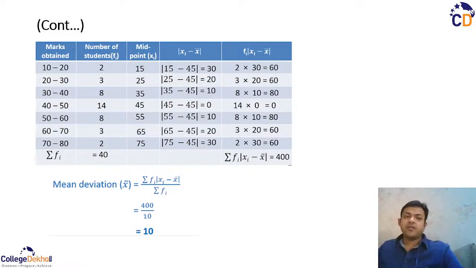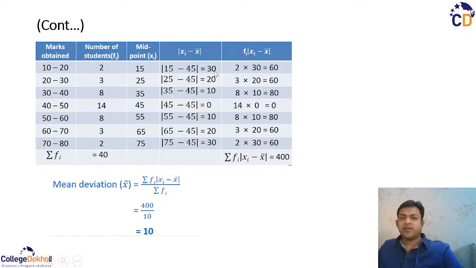Now, once we have calculated the mean, we need to calculate the mean deviation about the mean. We already know the first column, the second column, and the third column. We have found x minus mean of x. We need to multiply this with the frequency.